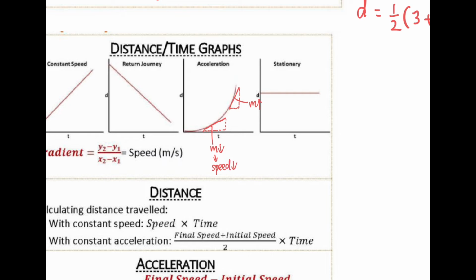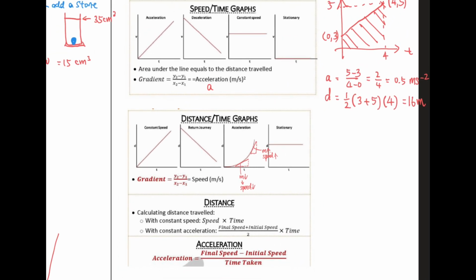Higher gradient means the speed is higher. So from low speed to high speed, this is what we call accelerating. Okay, so if it is a horizontal line, then no change in distance. No change in distance means the object is stationary. Okay, so these are the graphs.